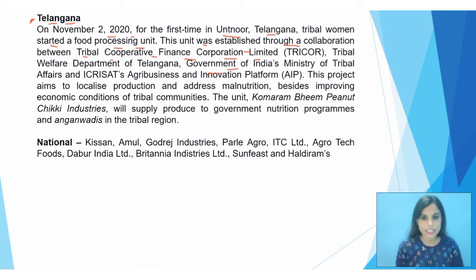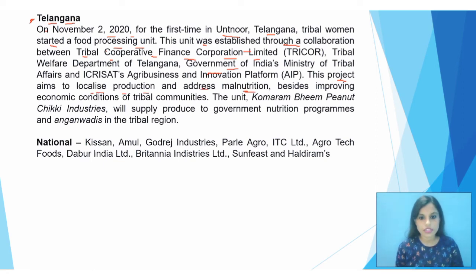This project aims to localize production and address malnutrition, besides improving the economic conditions of the tribal communities. The unit, Komaram Bhim Peanut Chikki Industries, will supply produce to government nutrition programs and Anganwadis in the tribal region.